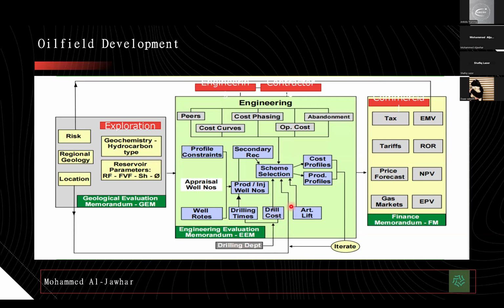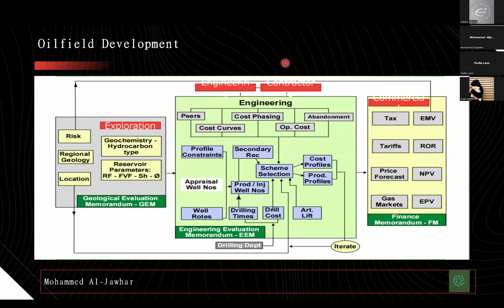There's the scheme selection of how you can drill wells in your field: how many wells you have to drill, what the total depth of these wells is, and how you can develop the field in terms of having other wells to be drilled. And then you can move to the commercial factors. You have to consider the net present value, for instance, afterwards.